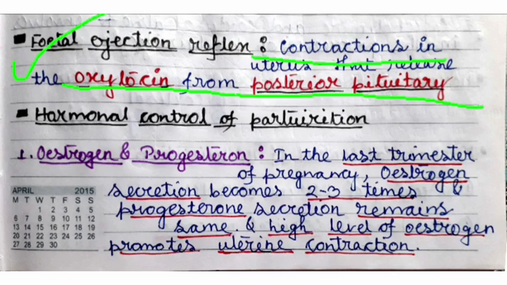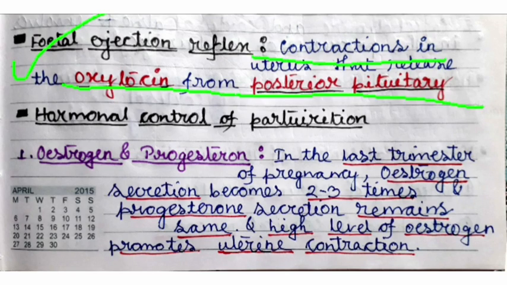Due to the contraction of the uterus, oxytocin is released from the posterior pituitary, and this oxytocin causes stronger contraction of the uterus, which is a positive feedback for more secretion of oxytocin. So uterine contraction stimulates the posterior pituitary to release oxytocin, and the further release of oxytocin makes the contraction stronger.